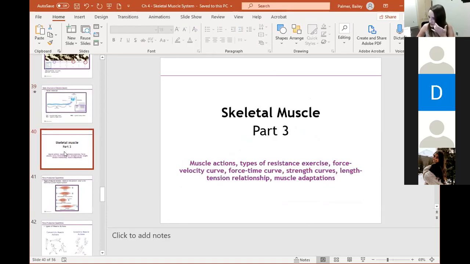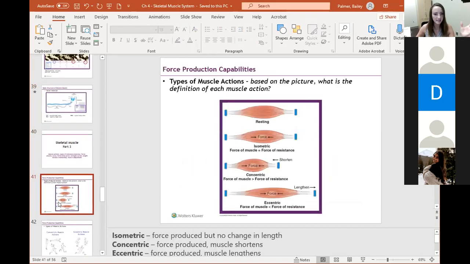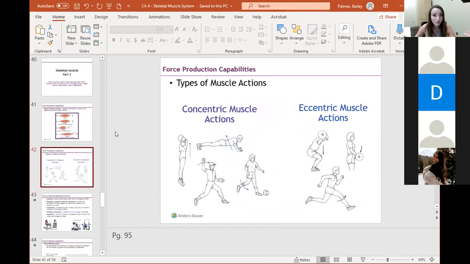Okay, moving on. Next is muscle actions. With muscle actions, we're probably already very familiar with isometric, concentric, and eccentric actions. So that's great. You do have to know the basic definition of those, but you also have to be able to identify which muscle is performing an eccentric or concentric action during a movement.